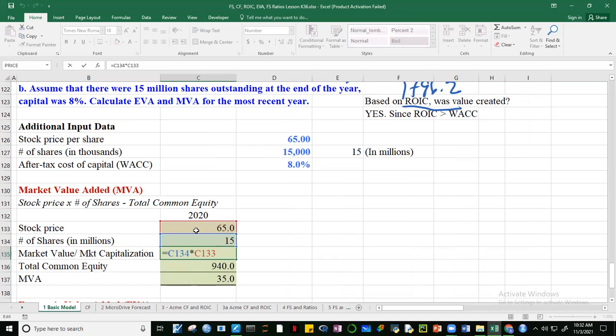So that's 65 times 15 million shares. That will be your market capitalization or market value.